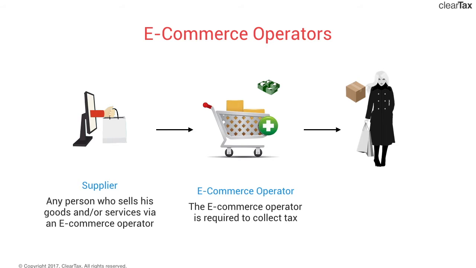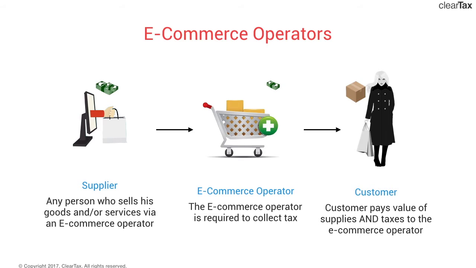Now what the e-commerce operator is required to do is that of this amount collected from the customer, it will have to deduct 1%. That's the percentage fixed as of now. It can change. 1% of the net taxable supply value, and only the remaining it will pay back to the supplier for the sales.